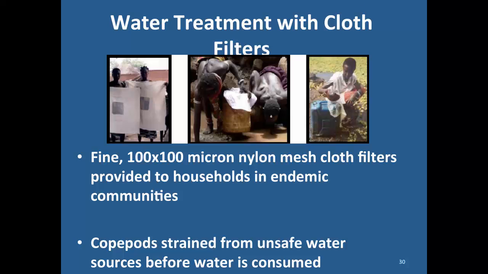So for any water that you use, you add this mesh to the faucet, or mesh it over the water as you're dipping it through the container, as on the right. And that will pretty much get most of the copepods out. The copepods being the little parasites that you saw that looked like a little fish in the earlier picture.